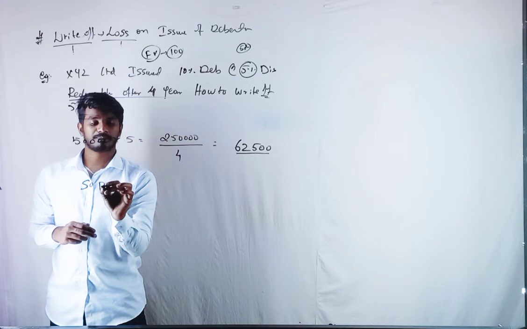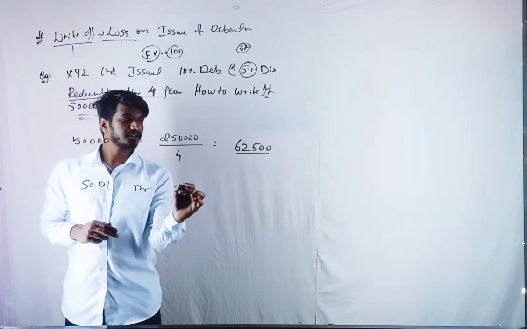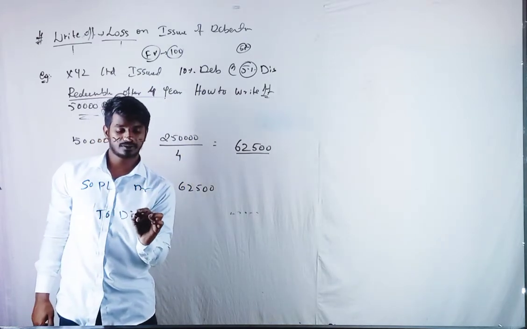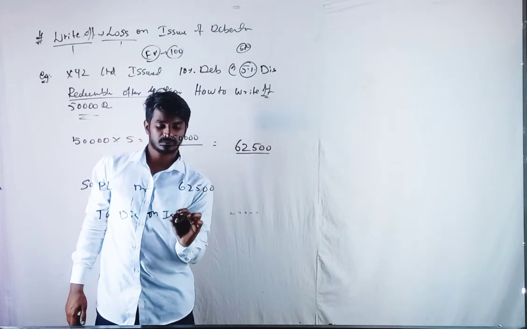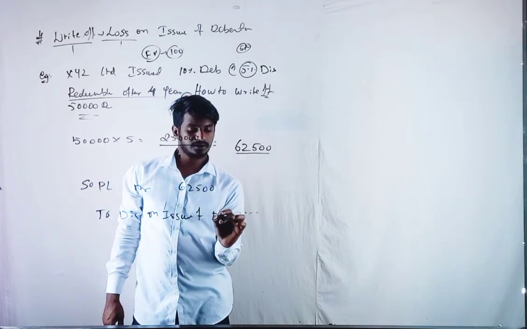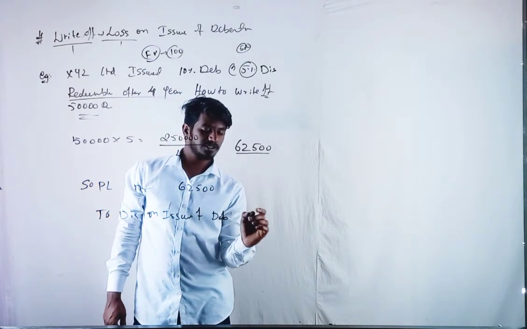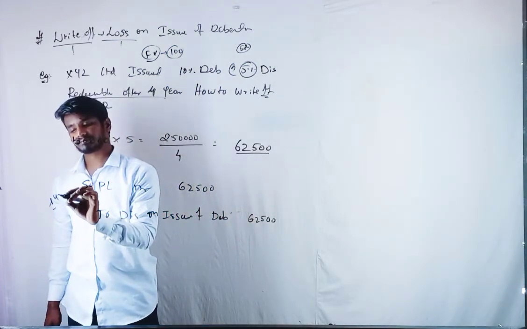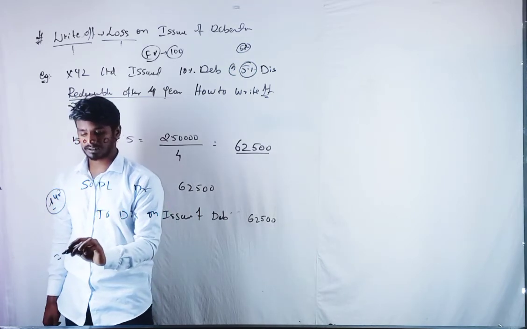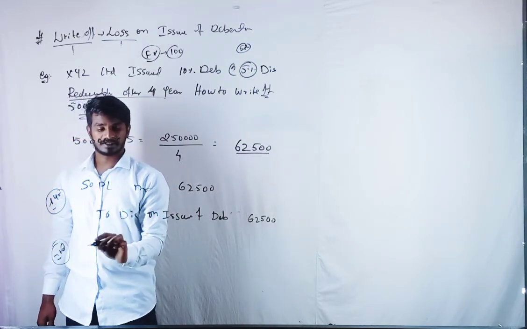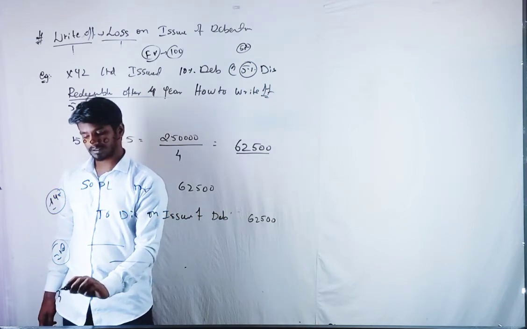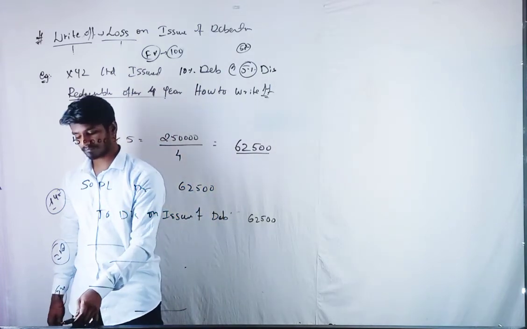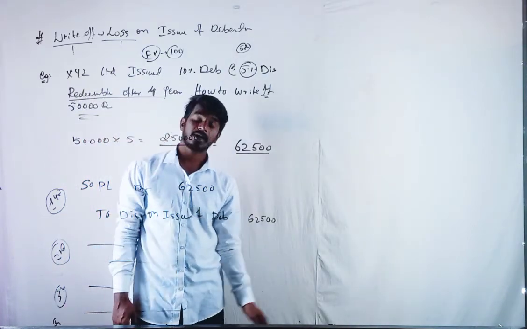Statement of P&L, debit 62,500 to discount on issue of debenture, for the first year, and in the second year the same entry, third year the same entry and same amount, and the fourth year also we have same amount, same entry.